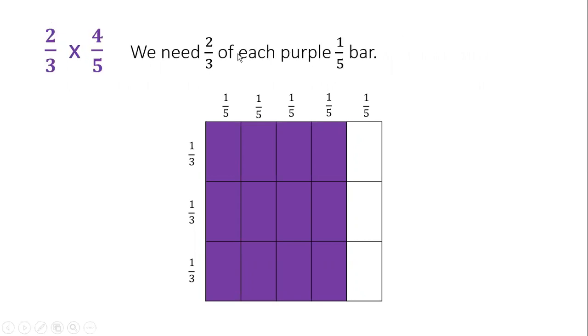We need 2/3 of each purple 1/5 bar. So again, let's outline it. So here is 2/3 of the first bar. And now I'm adding to it 2/3 of the second bar, and 2/3 of the third bar, and 2/3 of the fourth bar.